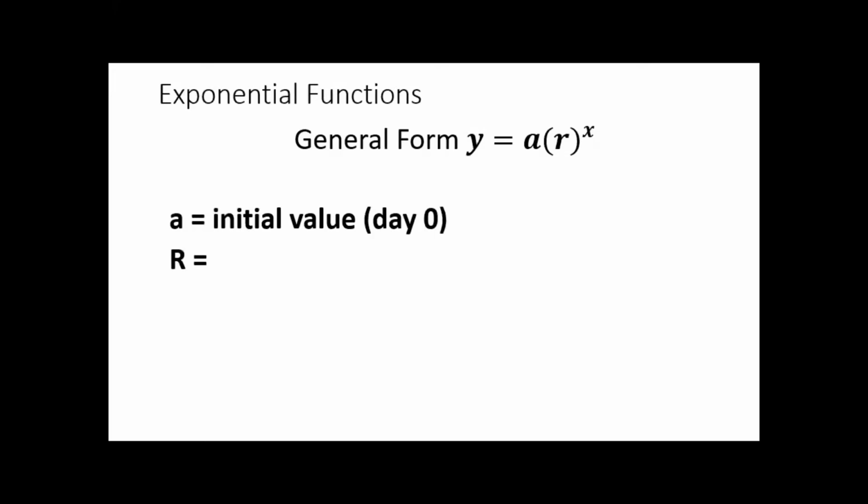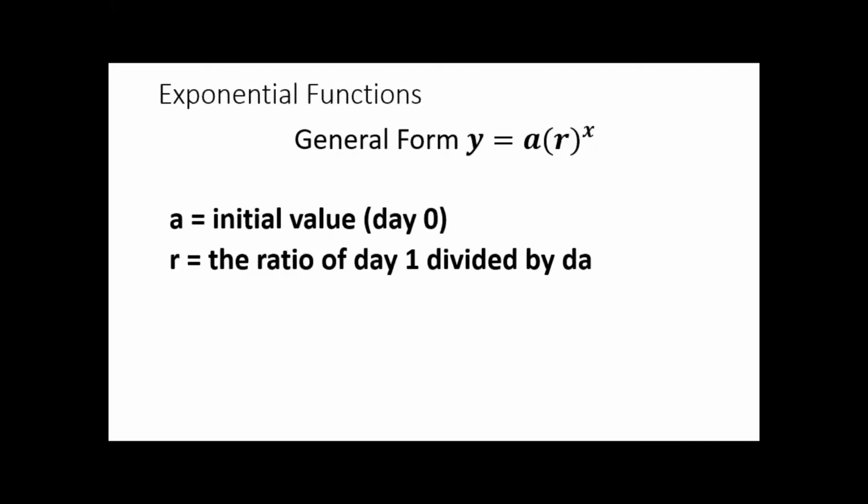R, a shortcut to finding R, is the ratio of day 1 divided by day 0.